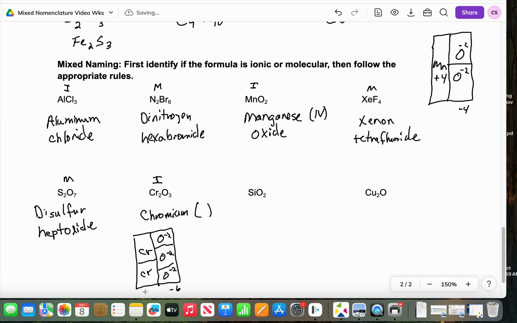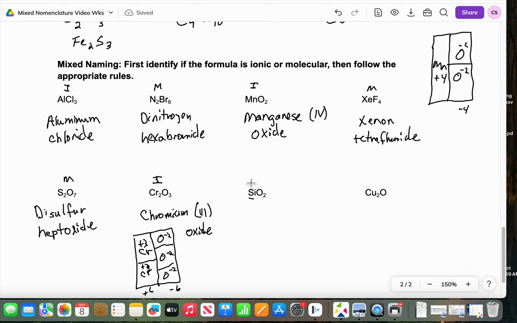The 2 chromiums must add up to plus 6. What are 2 numbers that are the same that add up to positive 6? Plus 3. So each chromium has to be plus 3. So it's chromium, Roman numeral 3, and then oxide.